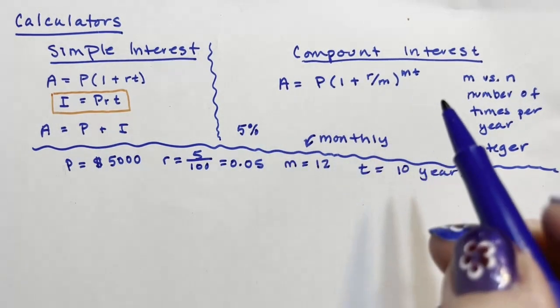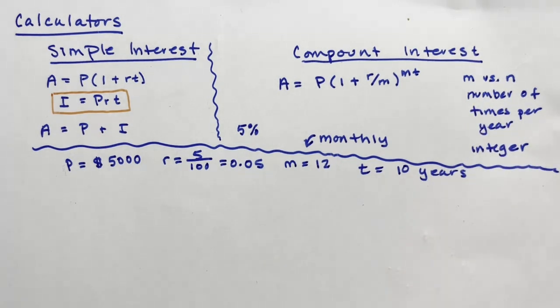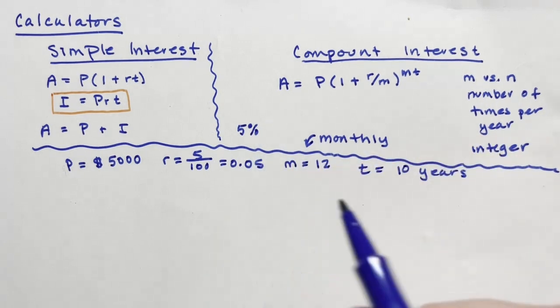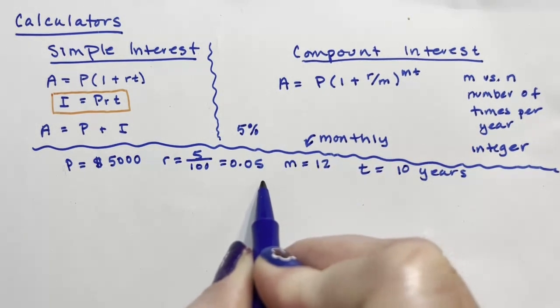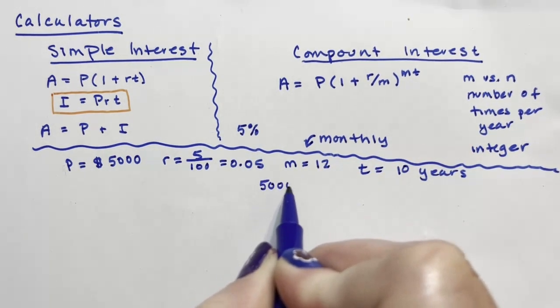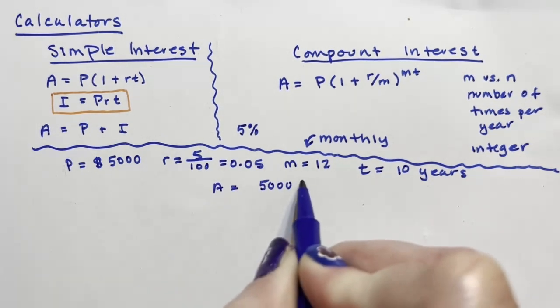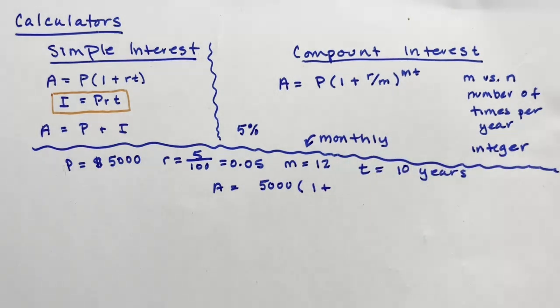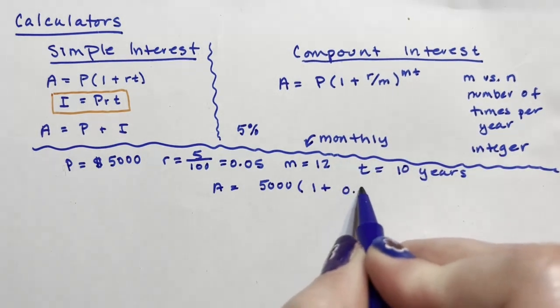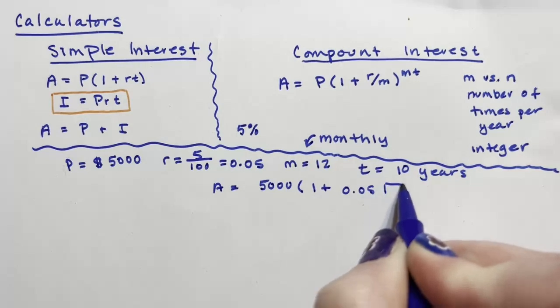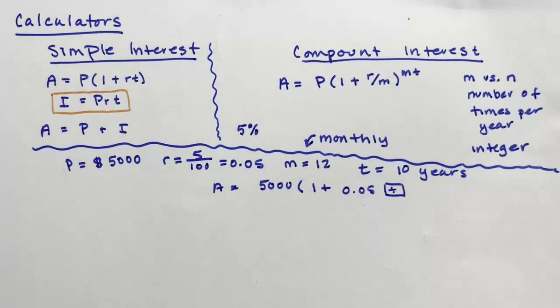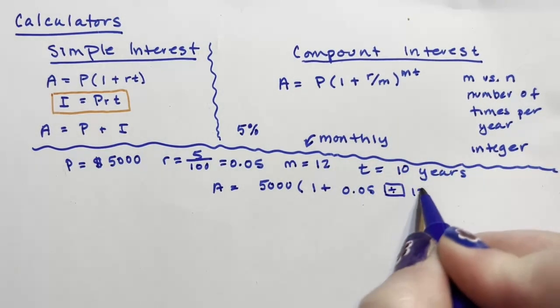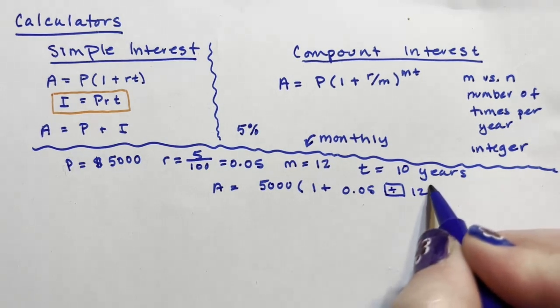For this one, there are two ways that this would get typed into a calculator. The first way is we would say 5,000, A equals 1 plus, now this is just division, so 0.05 divided by 12. I wouldn't use a fraction button there, I just wouldn't.